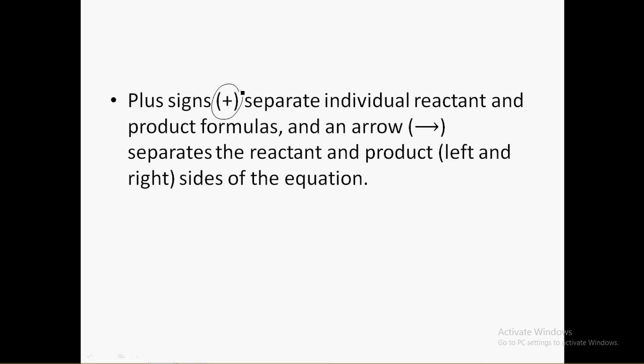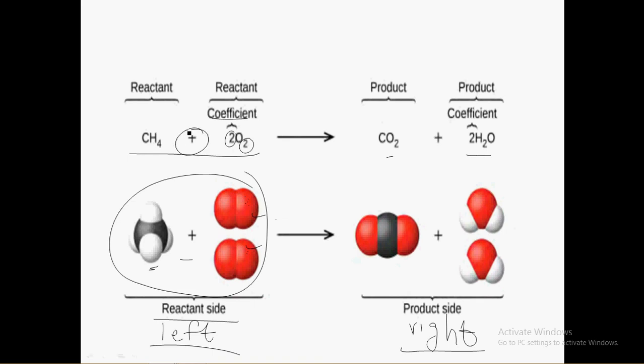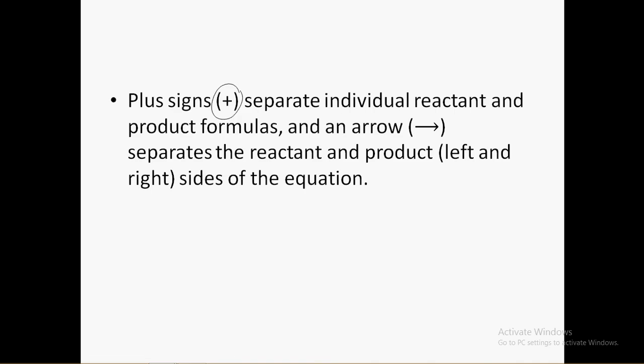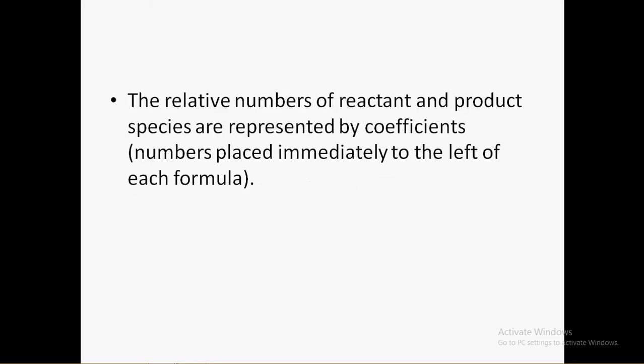Plus means it separates individual reactants, as we have seen before. And this arrow separates the reactants and the products, left and right of the equation. Do you know that?